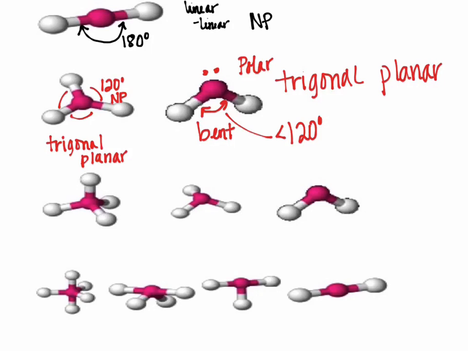Okay, so our next family that we're going to look at is trigonal bipyramidal.